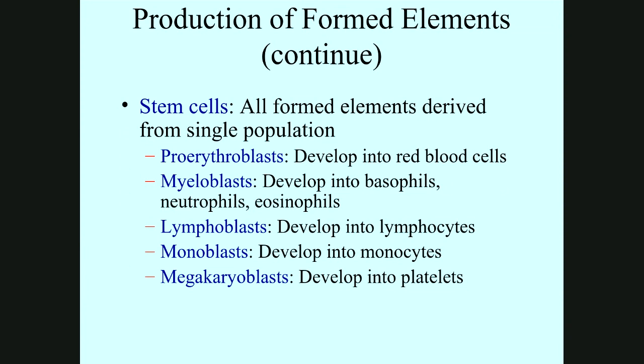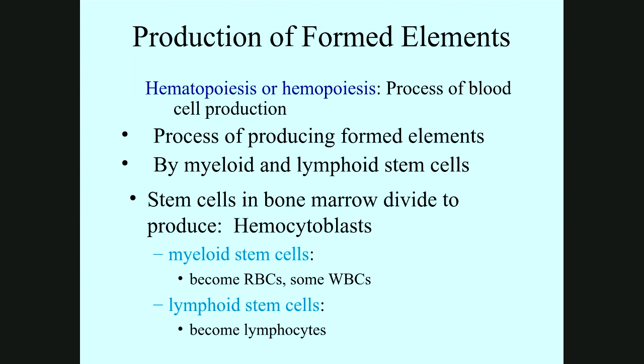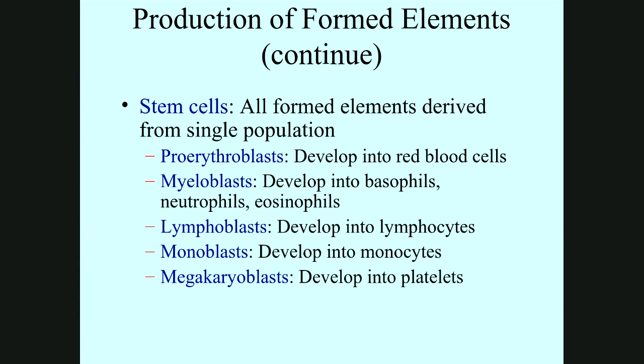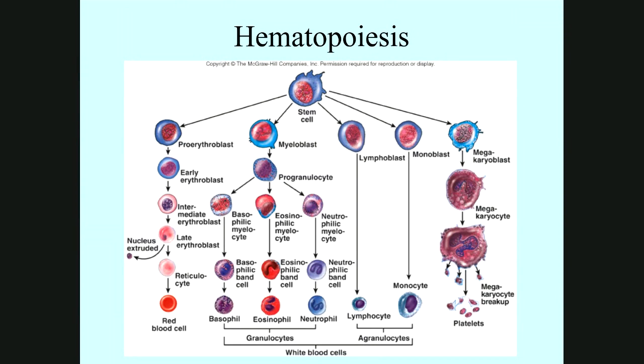So the stem cells will produce proerythroblasts that develop into red blood cells, or myeloblasts that develop into basophils, or lymphoblasts, as the word says, that develop into lymphocytes, monoblasts into monocytes, and megakaryocytes that develop into the platelets. So proerythroblasts, myeloblasts, lymphoblasts, monoblasts, and megakaryocytes are derived from one stem cell, all right?